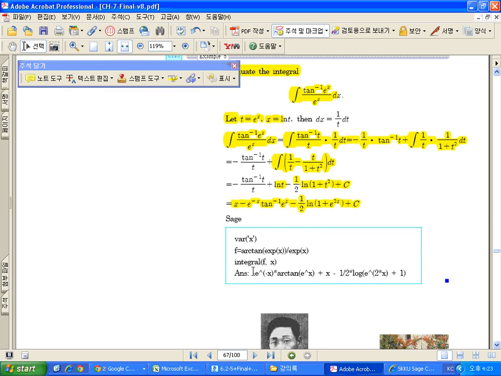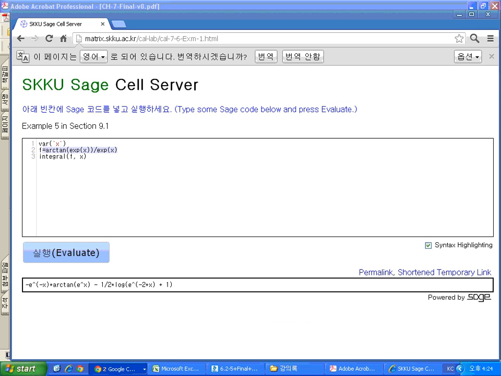This agrees with this one, which is the same as x minus e to the minus x times arc tangent of e to the x minus 1/2 times ln of 1 plus e to the 2x. So now all you have to do is change the function to what you have seen in this section to get the answer when it works.